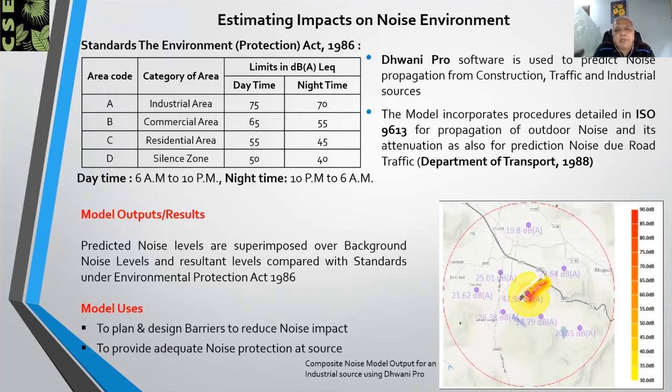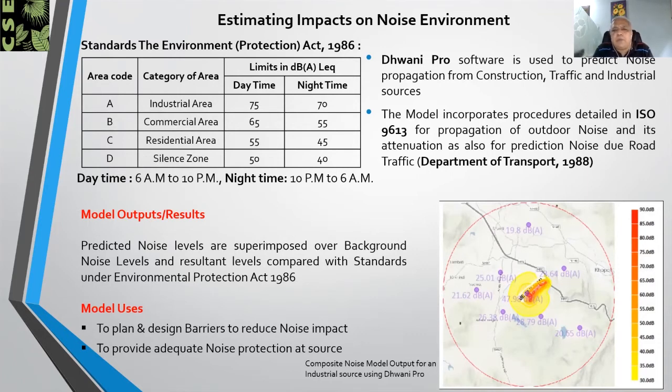Now, how do you model the impacts on the noise levels? There is, in fact, an Indian software available, which is the Dhwani Pro software, which can effectively model the noise levels from construction sites, traffic, and industrial activities.